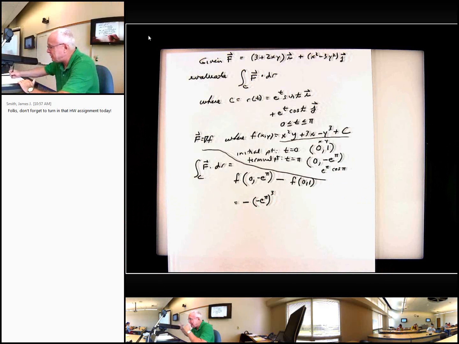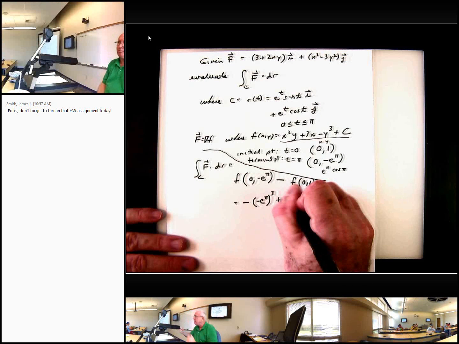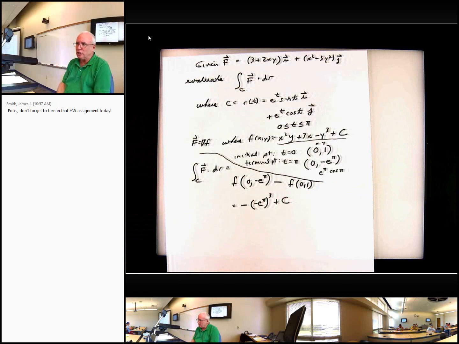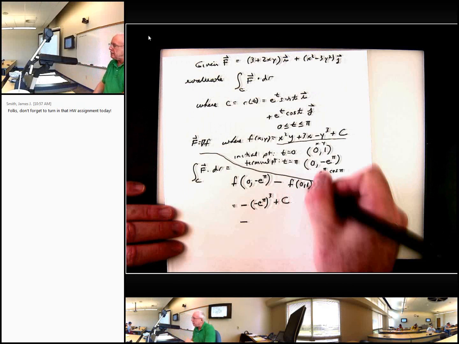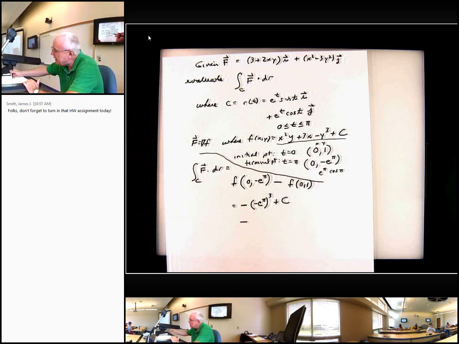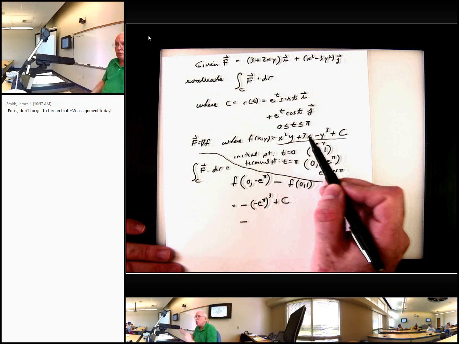And I'm going to do this just for the heck of it: I'm going to tack on that plus c. But it's going to go away. Okay, that's plugging in at the ending point. Then it's minus, and now I plug it in at the beginning point. Again, x is 0, so the first and second terms are both zeros.